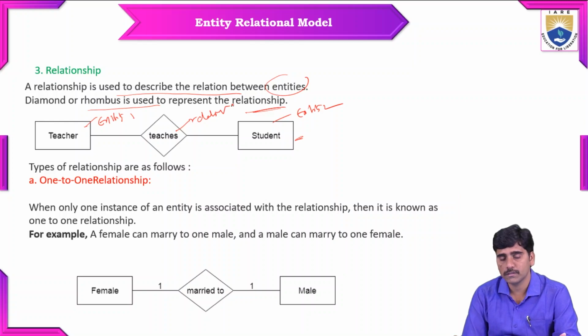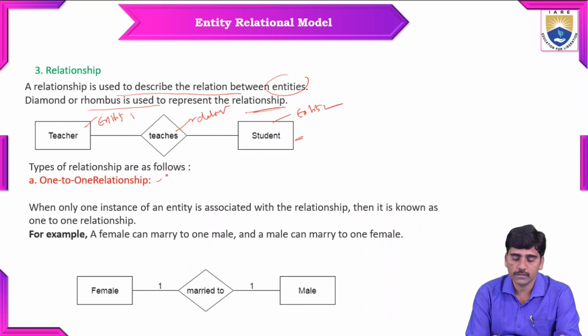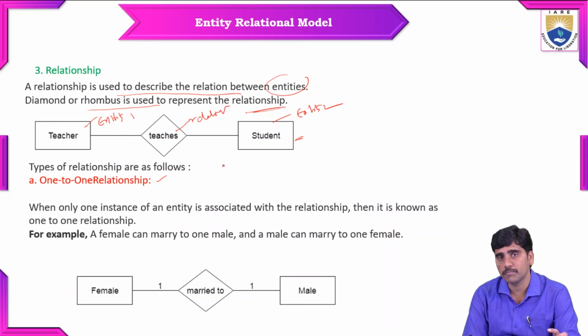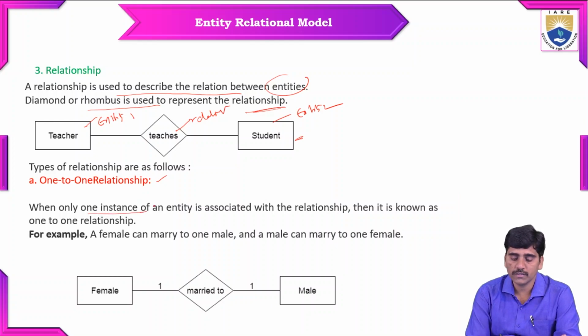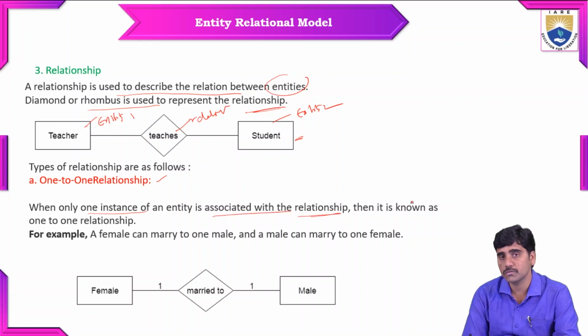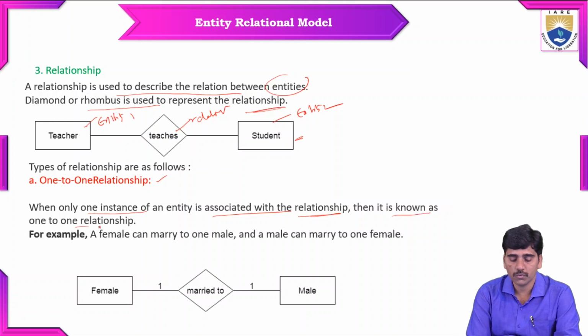So what are the types of relationships? One-to-one relationship, one-to-many relationship, many-to-one relationship, and many-to-many relationship. When only one instance of an entity is associated with only one instance on the other side through the relationship, then it is known as what? One-to-one relationship.